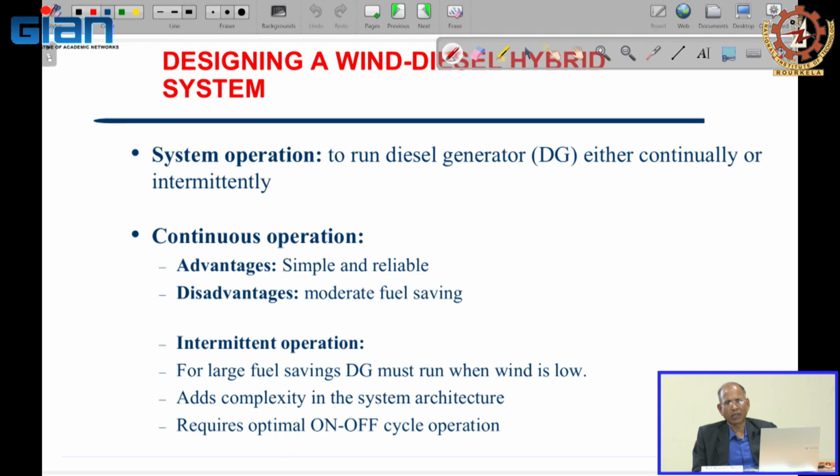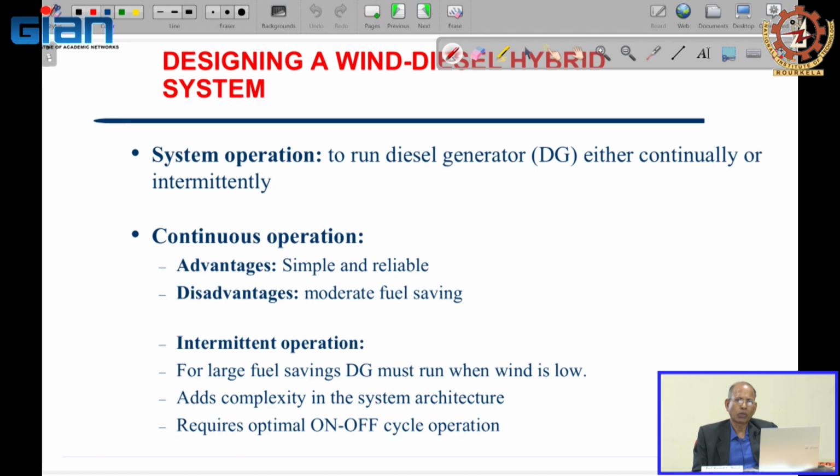If you frequently switch the generator on and off, it will cause unnecessary stress on the generator. Okay. So here you could basically have two operations. As the load is increasing and decreasing, accordingly you make the generator frequently on and off, or you have continuous operation.